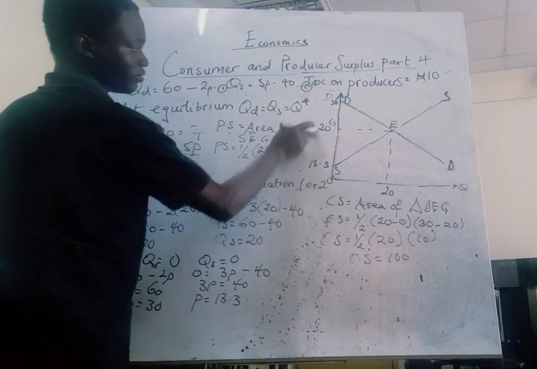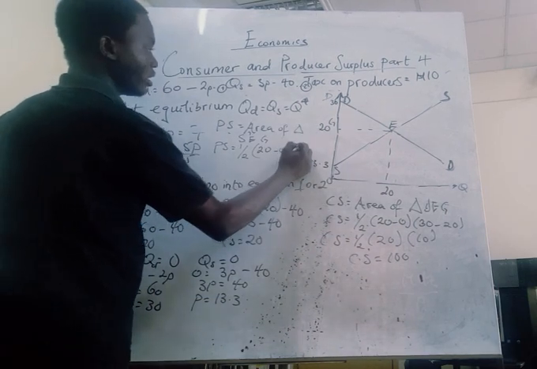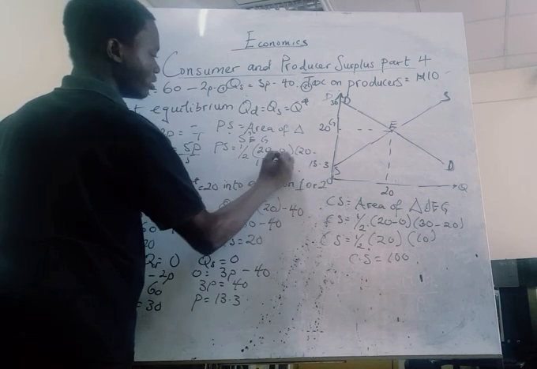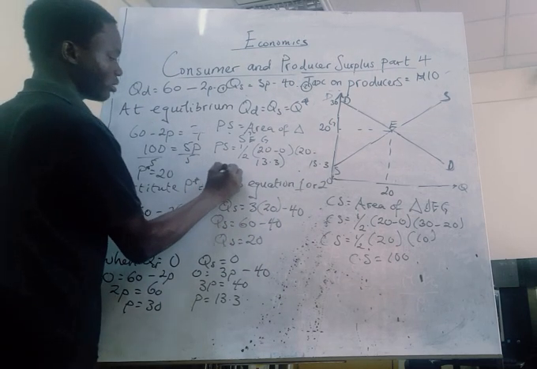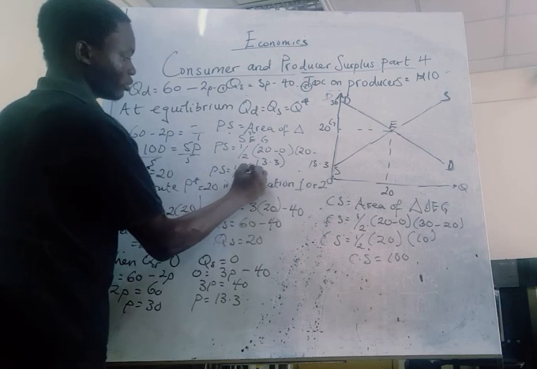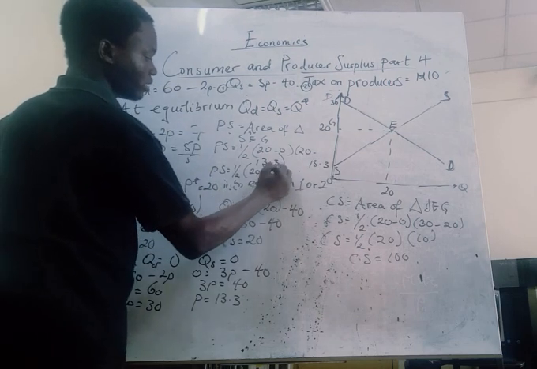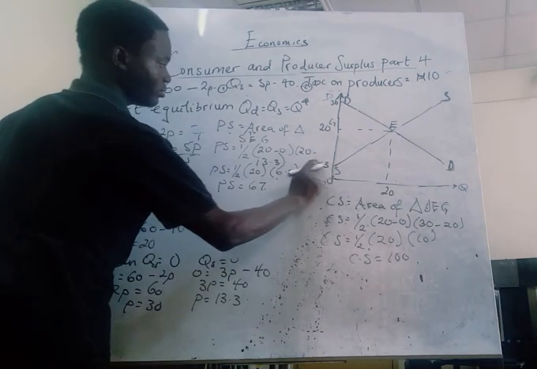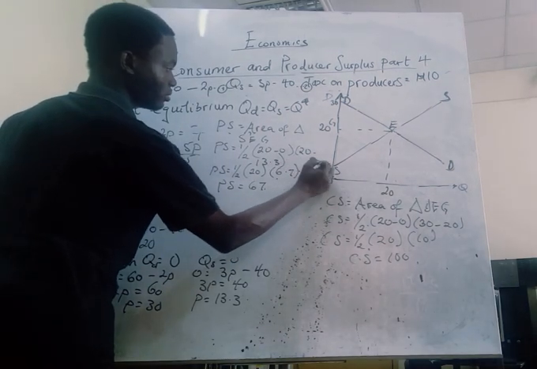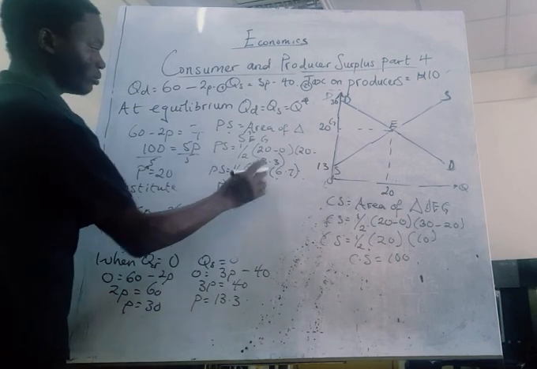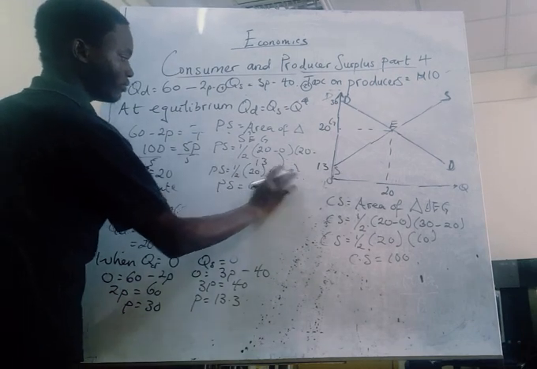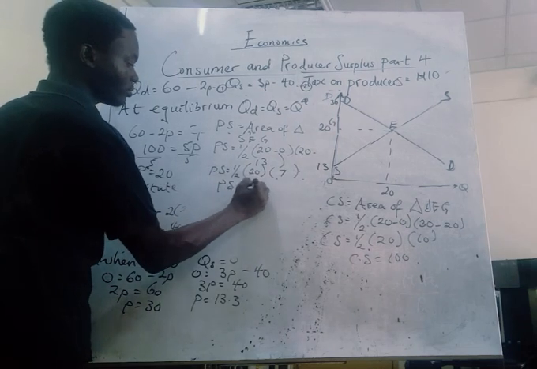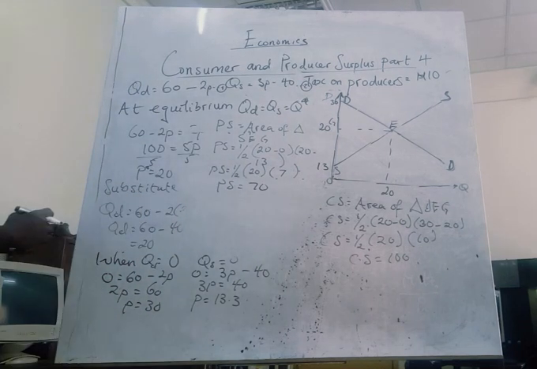Then this distance between here to here, which is 20 minus 13.3. So our PS equals half into bracket 20 and into bracket 6.7. Let's make this 13, a price of 13. So this is 13, then we have this as 7. So our PS is 70. Let's just leave it that way.